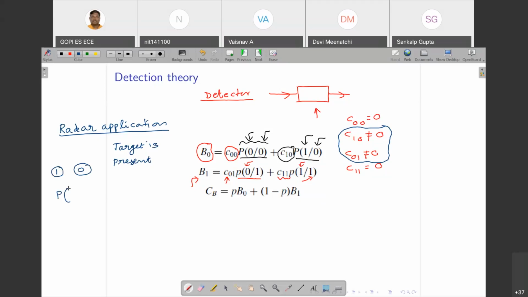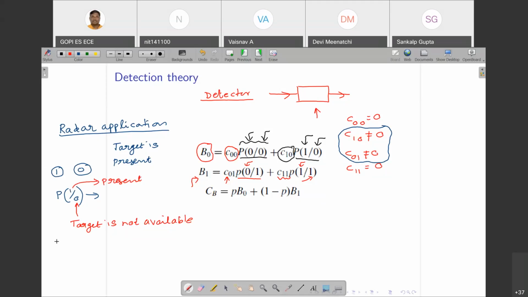See, probability of 1 given 0, what does it mean? Originally the target is not present, 0 indicates that the target is not available. The target is not available, but you are declaring that the target is present. That is an error. Originally the target is not available, but you are saying that it is present.